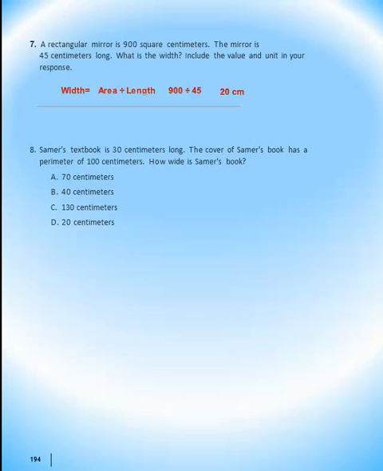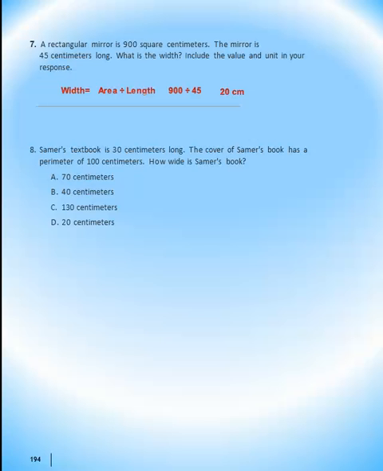Samir's textbook is 30 centimeters long. The cover of Samir's book has a perimeter of 100 centimeters. How wide is Samir's book? Here the textbook is 30 centimeters long and the cover perimeter equals 100 centimeters.